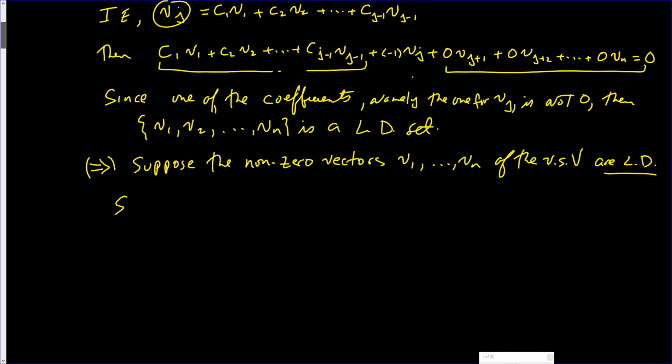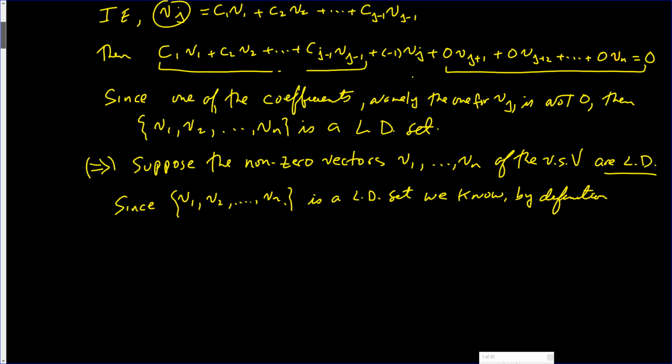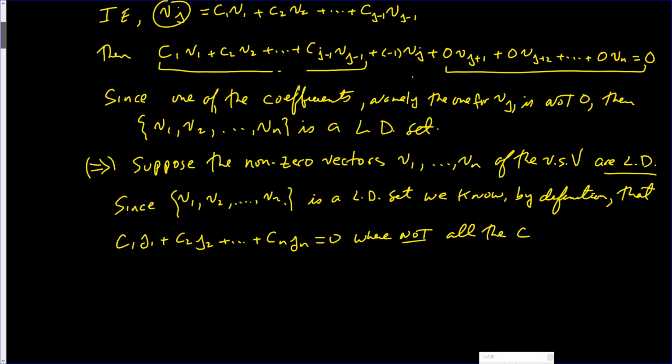Okay, so since V1, V2 up to V sub n, let's call it a set, is a linearly dependent set, we know by definition of linear dependence that C1 V1 plus C2 V2 all the way down to Cn Vn equals 0, where not all the Ci's are 0.